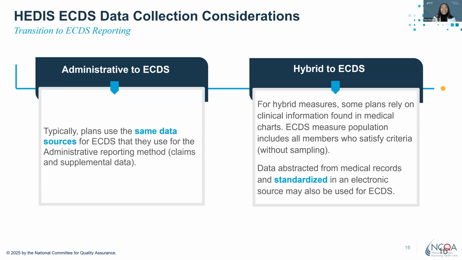Some hybrid measures still are pretty reliant on claims data. But ECDS measures differ by including the entire qualifying population without sampling. And clinical data from medical records must be standardized in electronic formats to be included for reporting in ECDS.